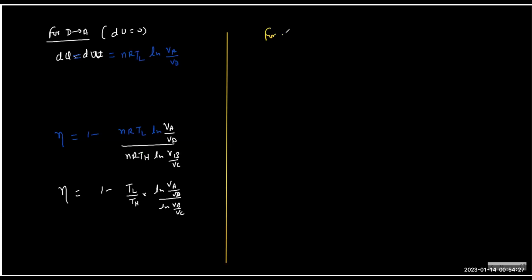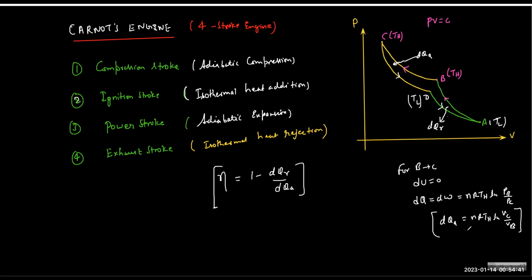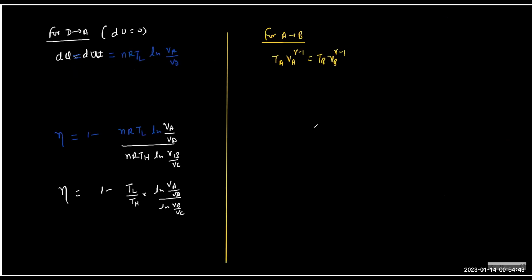What was AB? Adiabatic compression, right? So T_A V_A^(gamma minus 1) equals T_B V_B^(gamma minus 1), isn't it? If you remember, T_A is T_L and T_B is T_H.